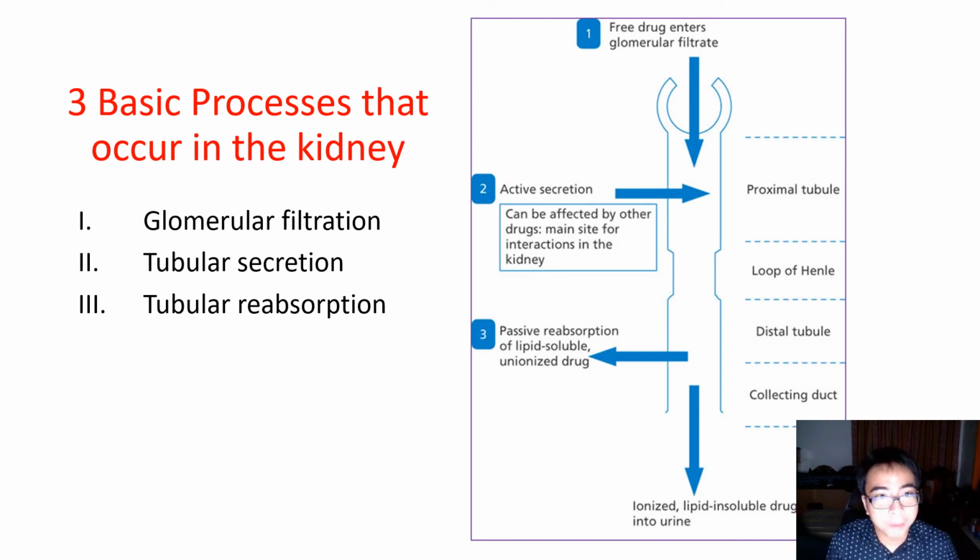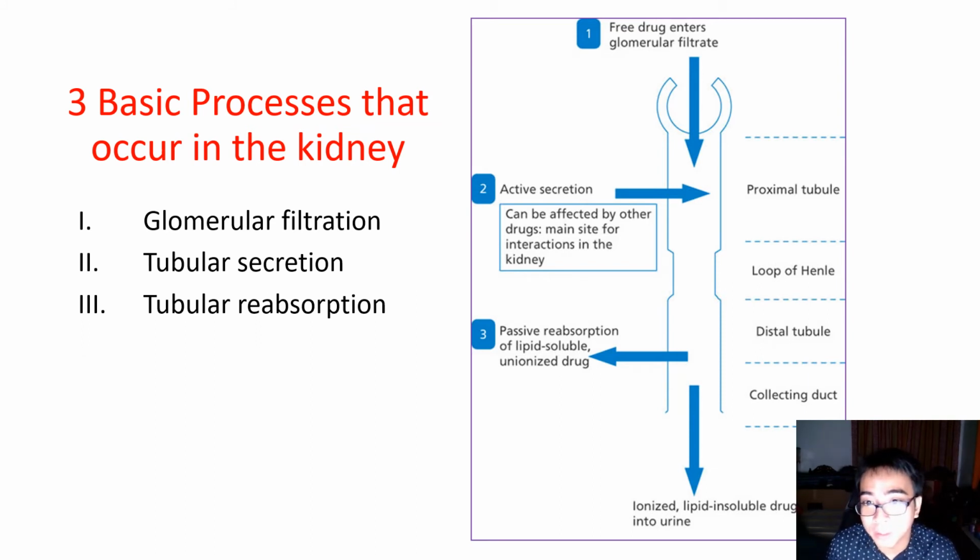Now, there are three basic processes that occur in the kidney, class, in terms of its secretory functions. So there's glomerular filtration, tubular secretion, and then tubular reabsorption. In terms of glomerular filtration, class, this is the part wherein the solutes are pushed through the kidneys via the Bowman's capsule to facilitate, class, its removal from the body, then conserving macromolecules like the proteins and then the glucose.